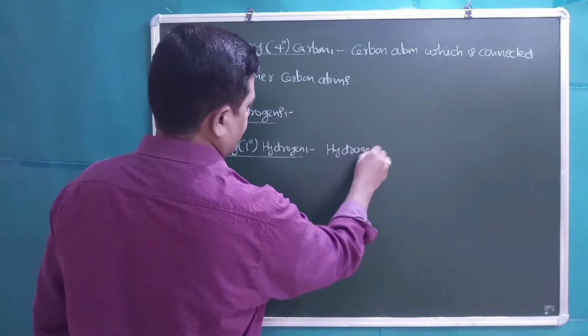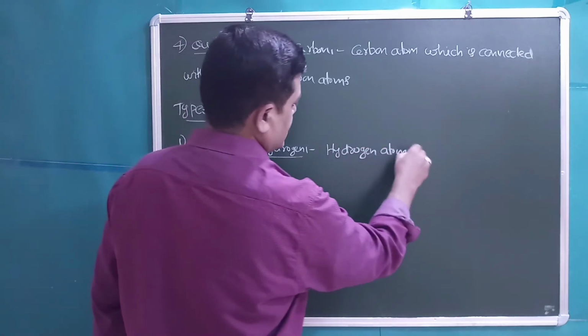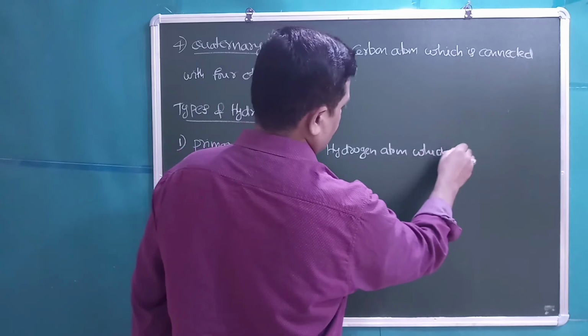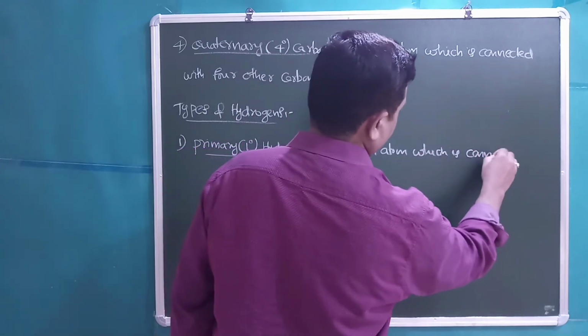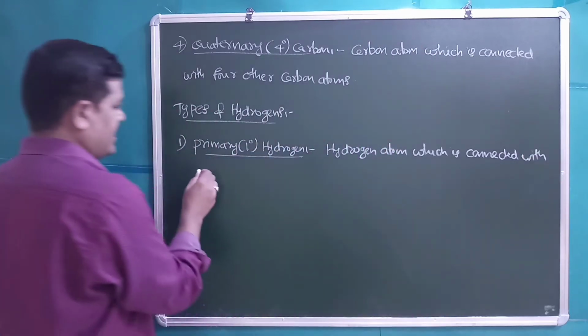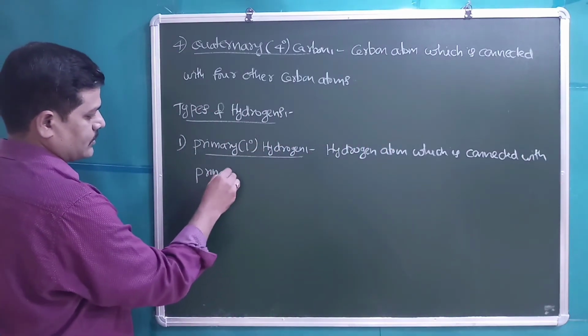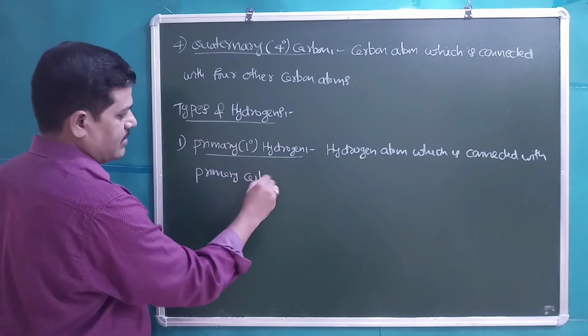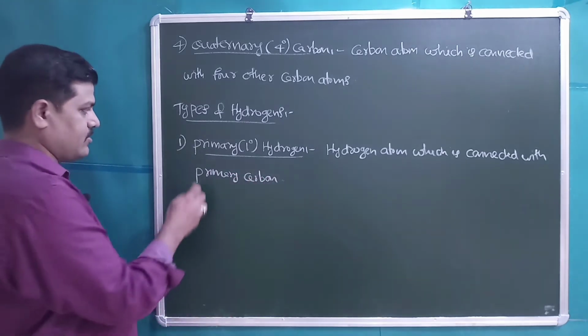A hydrogen atom which is connected with a primary carbon is called a primary hydrogen.